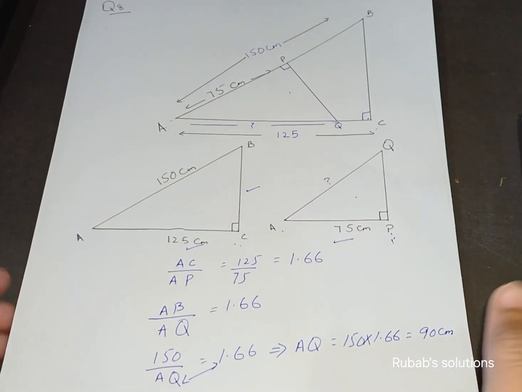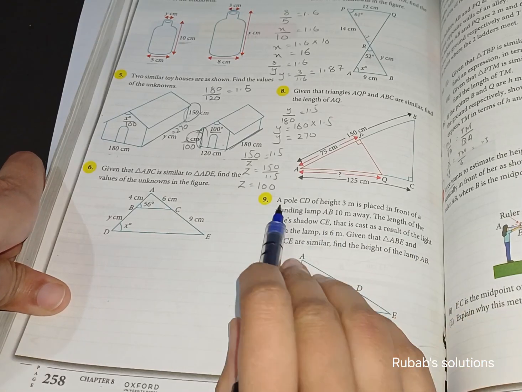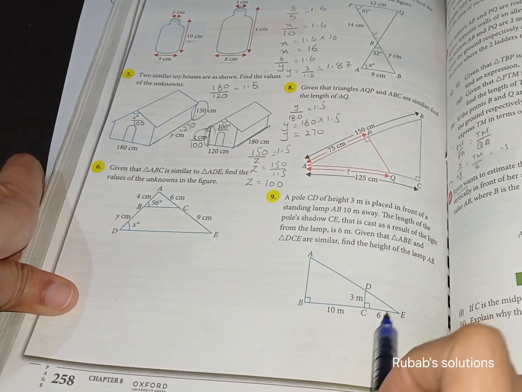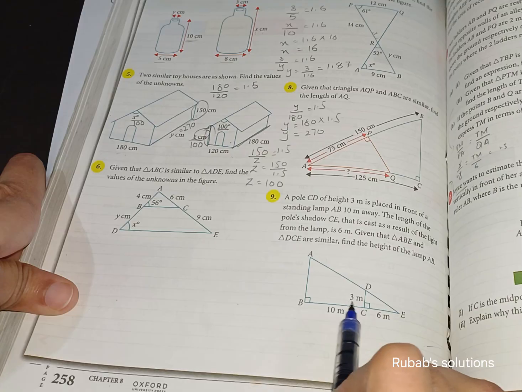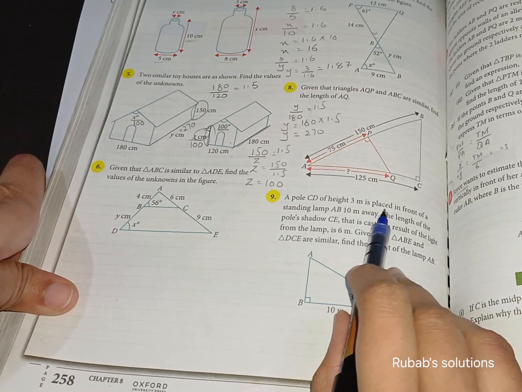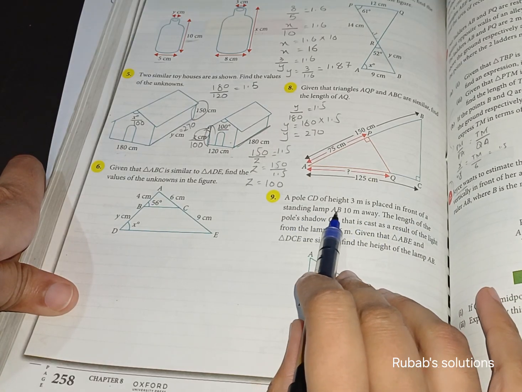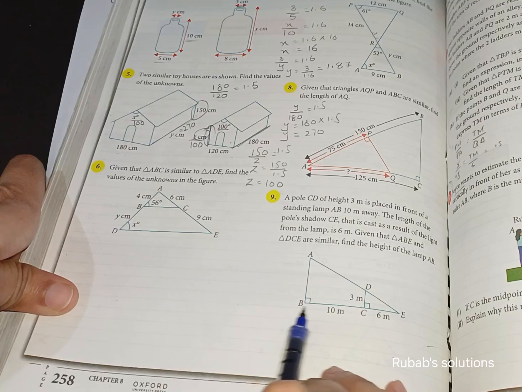In these questions, if you separate the diagram, it is much easier for you to identify which side is corresponding to the other. Question number 9. A pole CD of height 3 is placed in front of a standing lamp AB that is 10 meters away.